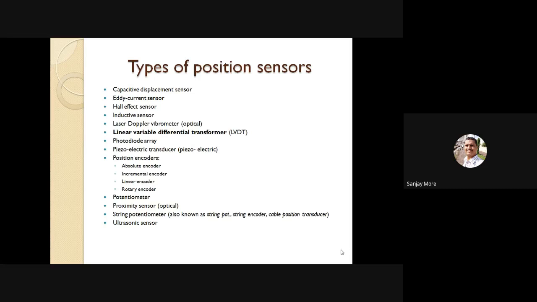These four are subtitles under position encoders. Then next, potentiometer, then proximity sensor, then string potentiometer, and last type of position sensor is ultrasonic sensor.